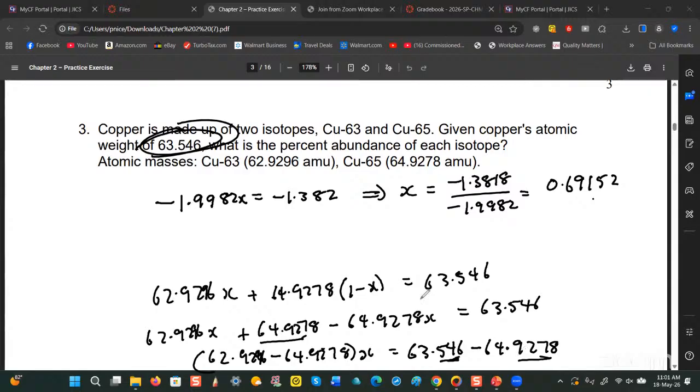When you subtract, the result should be rounded to 3 decimal places, which means I need to change this here. So let me do that again: 1.382, which shouldn't differ by much, divided by 1.9982. So I got 6.6916.